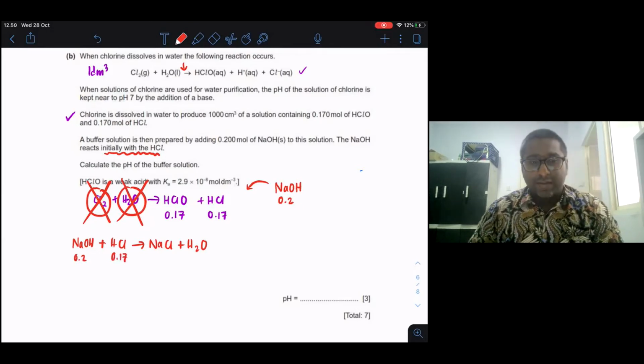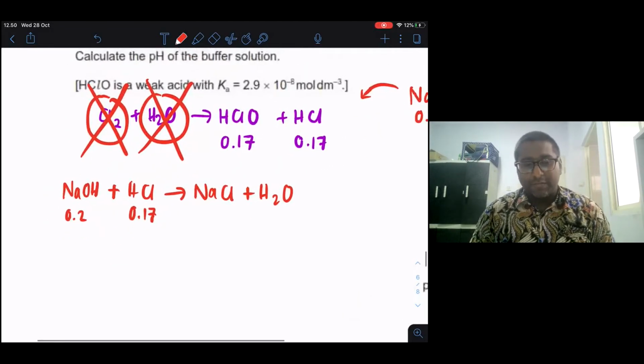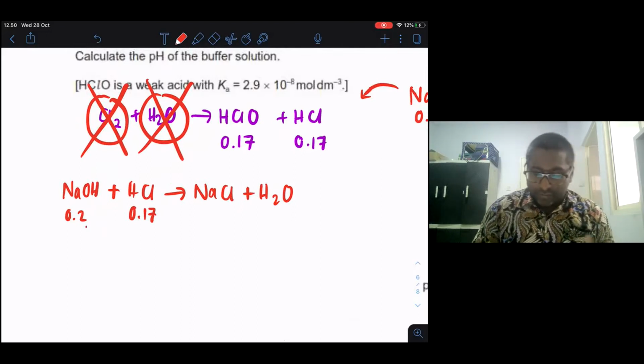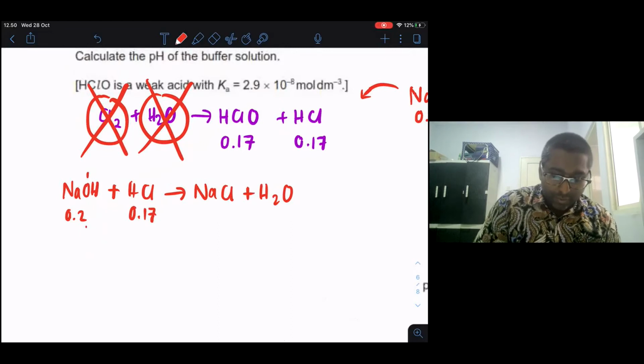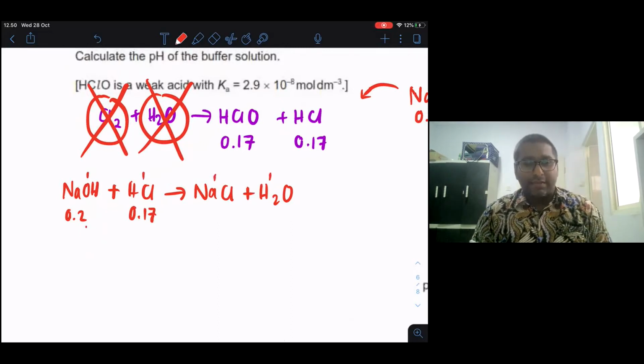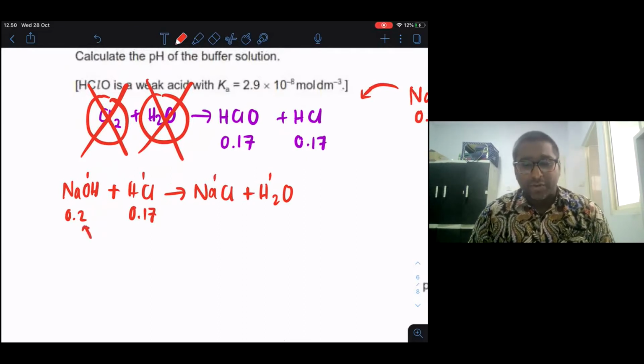If you look at these numbers, you will notice that one of the reactants is going to be in excess. I hope you can identify which one is in excess. If you look at the stoichiometric equation, one mole reacts with one mole to give you one mole and one mole. And I see that sodium hydroxide is going to be in excess.